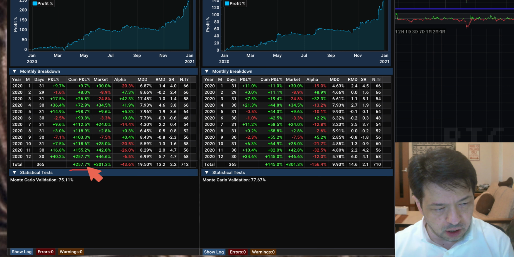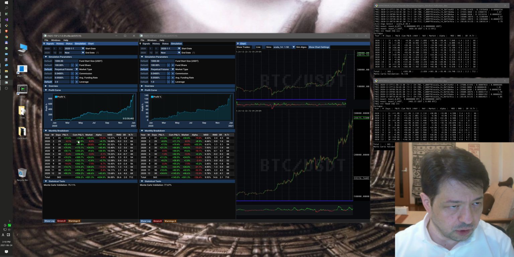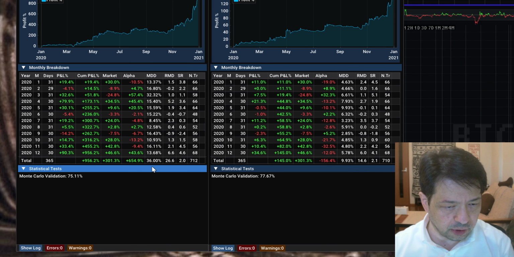But if one goes and plays with the leverage, then it starts to become quite high. Let's say we go up to 2x leverage. Now the drawdown is 36%. At 3 times, 4 times, now we're at 60%. And let's remember that this algorithm has been optimized post 2020.